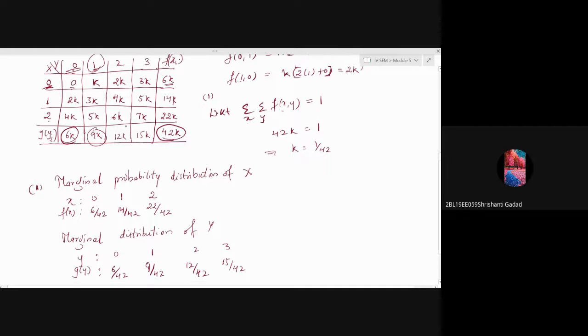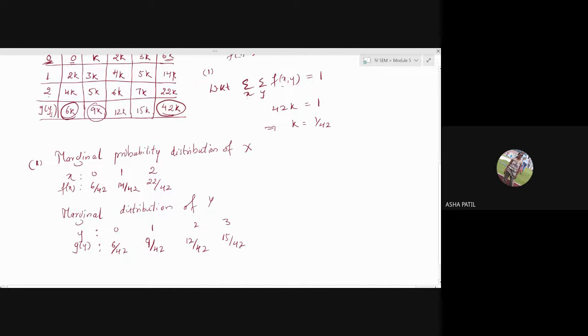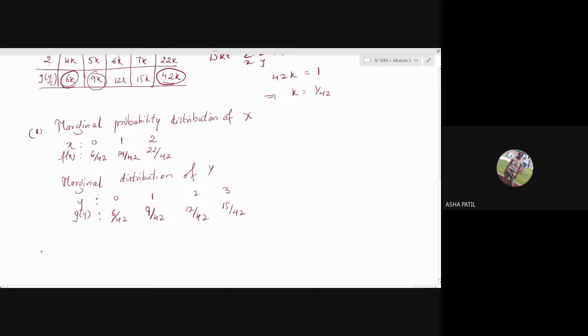The definition of independent random variables says that the probability that x is equal to x, y is equal to y must be equal to the probability that x equal to x into the probability that y is equal to y.